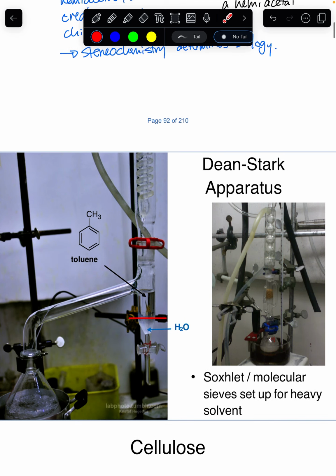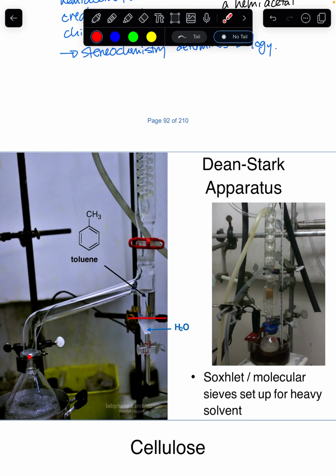And the way that works is it's really just simply this part of the glassware setup in between your reaction flask that's being heated and the condenser that condenses organic vapor. A lot of times the solvent that is used is something like benzene or toluene that's not miscible with water.